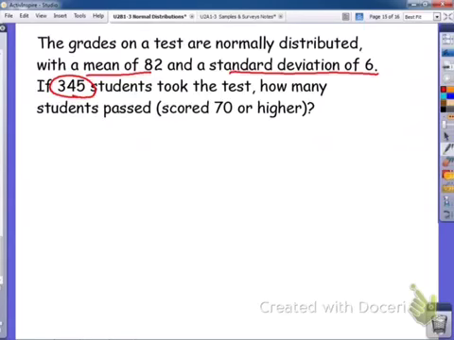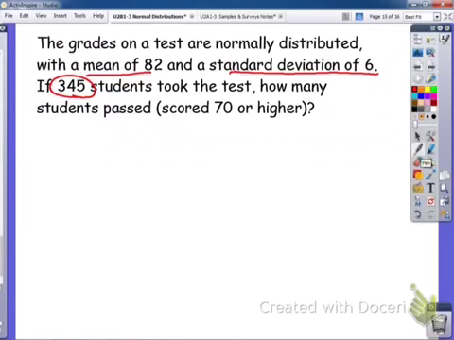Okay, so we took a moment to go ahead and draw it out. I'm going to do it now. Oh boy. Here we go.